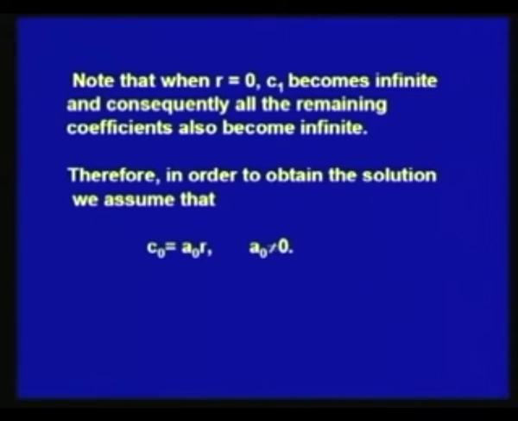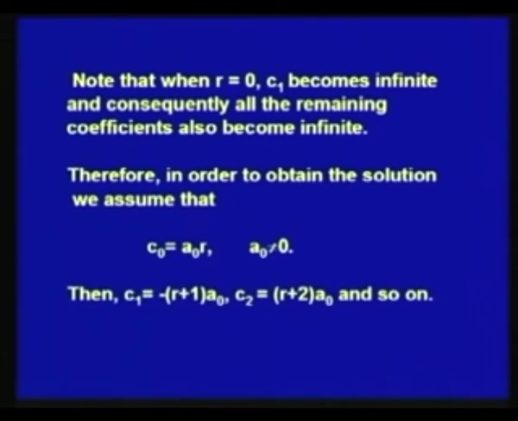In order to overcome the singularity at r = 0, since C0 is an arbitrary constant, we can choose it in any manner. So we choose C0 as A0 r, where A0 is not equal to 0. Then the values of C1, C2 will be C1 = -(r+1) A0, C2 = (r+2) A0, and so on.